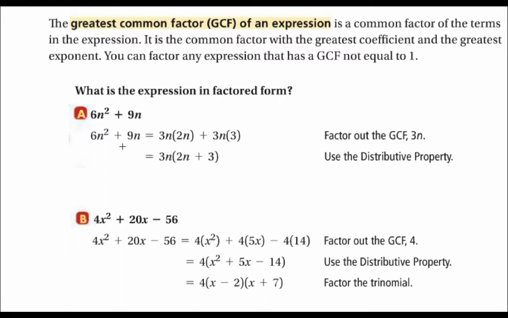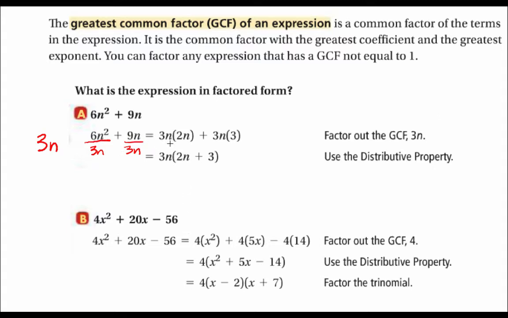Both of them have n in them. What's the lowest power or least power of n that's in both? And that's n. And so our GCF in this problem is 3n. So what we've got to do is factor out the GCF 3n. Now remember, what it means to factor out a GCF, it means to divide all the terms by the GCF.